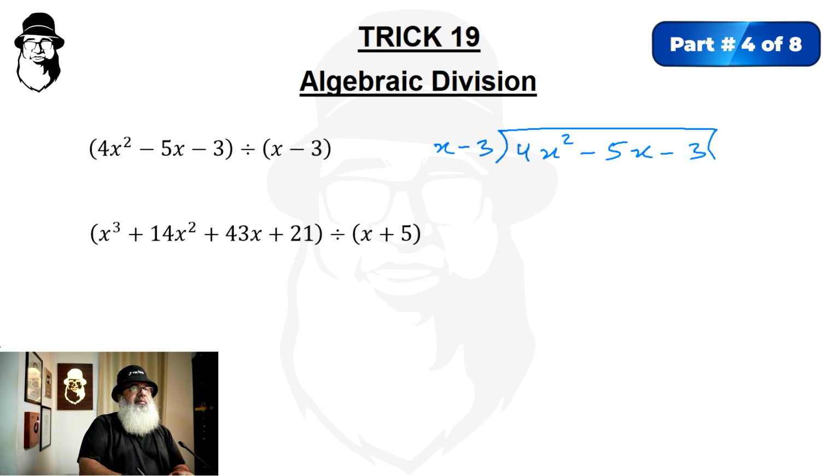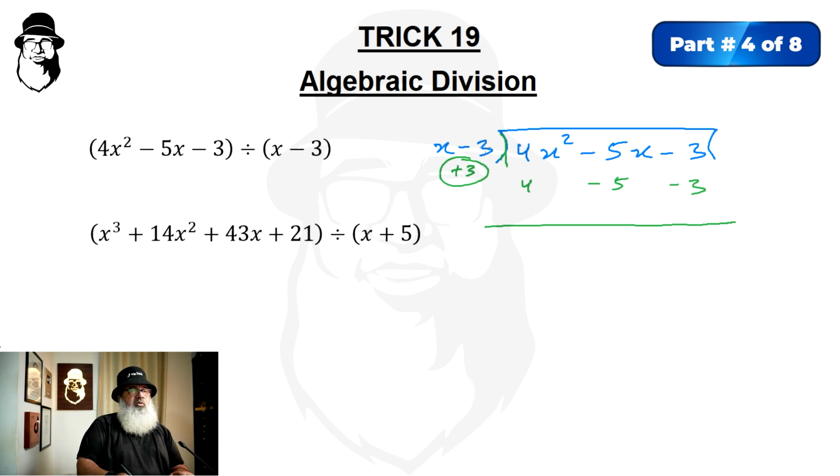So the first step is to get the transpose of this. This is minus 3, so we'll write plus 3 here. Right? Just change the sign. And then we just write the numbers here, as we are dealing with only coefficients. Write 4 here, here we have minus 5, and here we have minus 3, right?